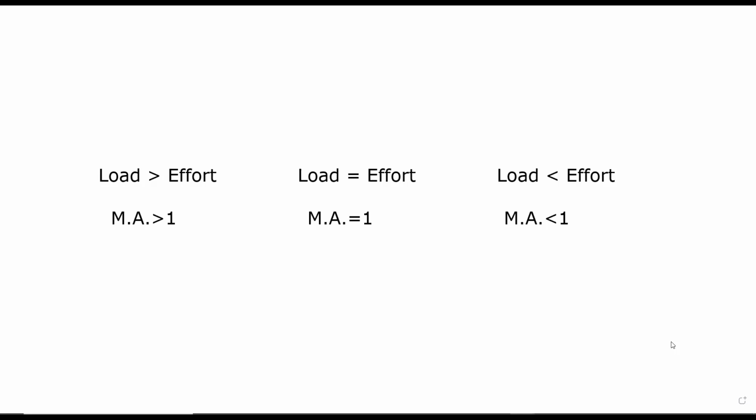Here, mechanical advantage is also less than 1. For example, a hockey player using a greater effort in moving a smaller load, but a larger distance. So, such a machine is a speed multiplier.